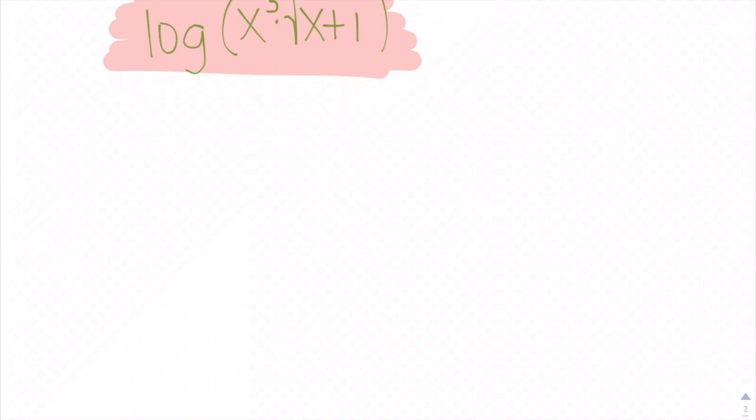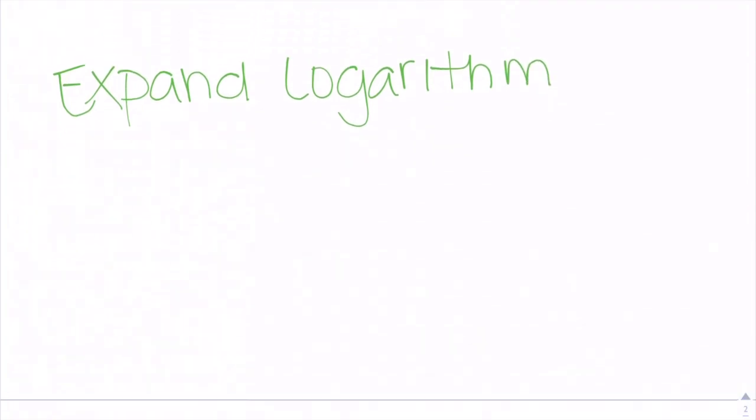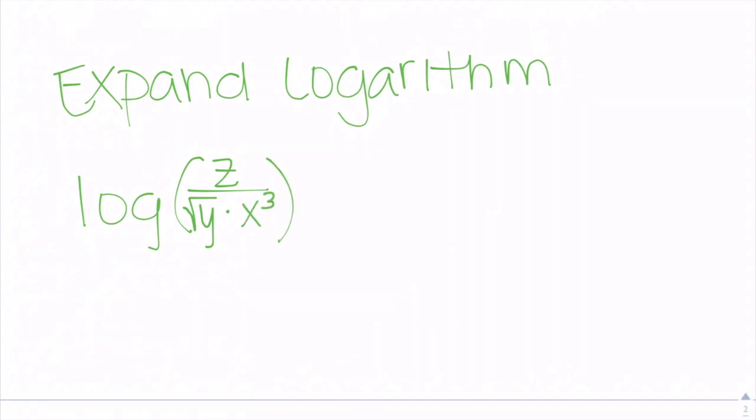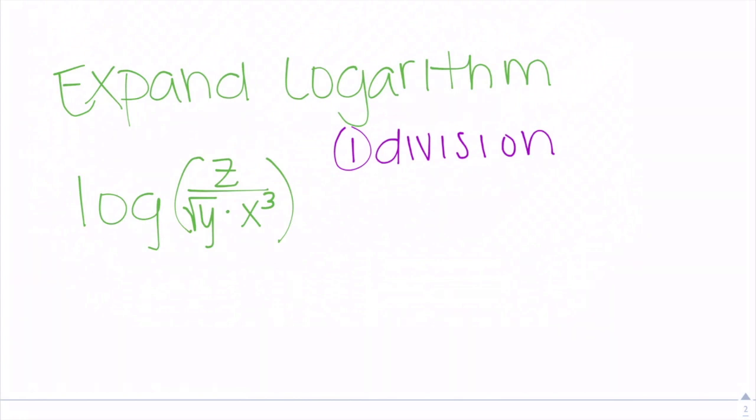And now I have one last example. It's a little bit more complicated of expanding, so it's going to be an expanding example. And so if we have log of z over the square root of y times x cubed. And so the first thing we want to do here is deal with the division. And so division tells us we separate using subtraction. So that's going to give us log of z minus log of our denominator.